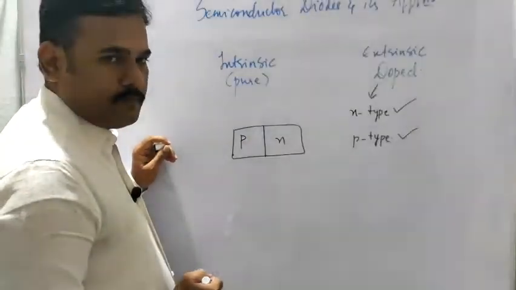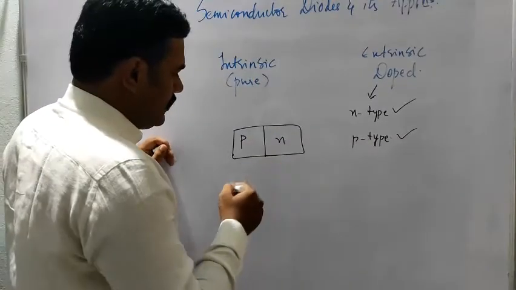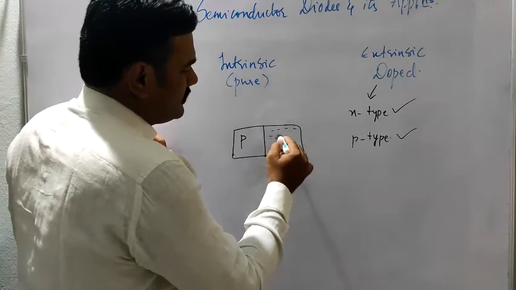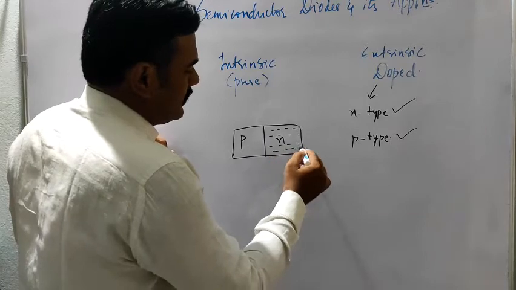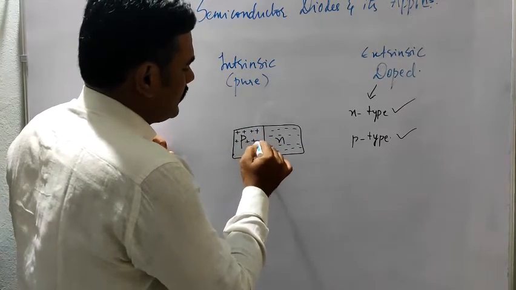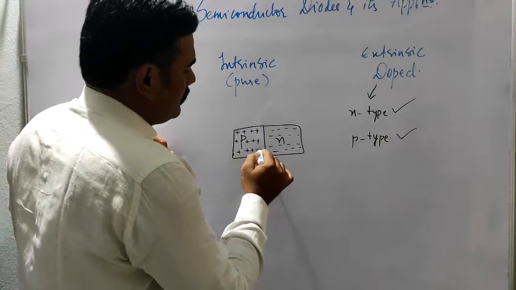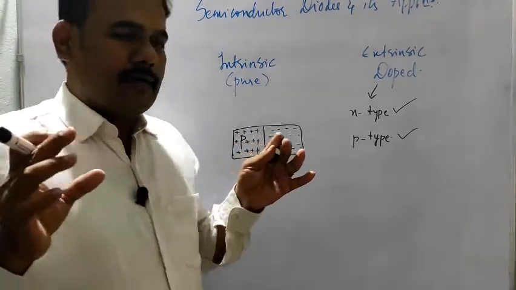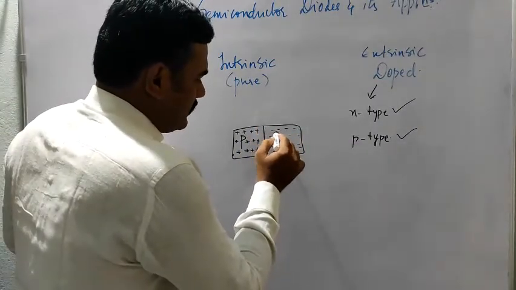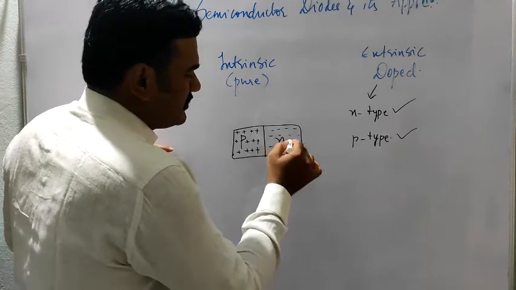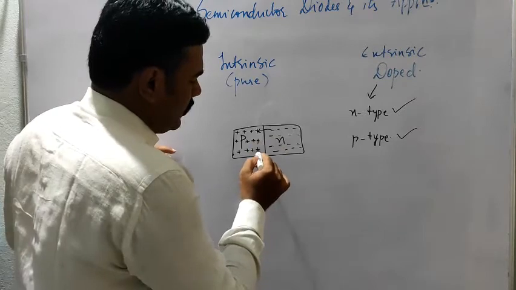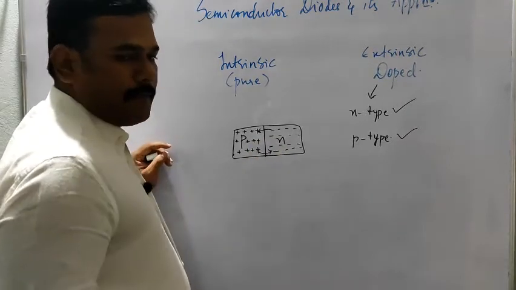We all know that in case of N type material, electrons are the majority carriers, and in case of P type material, holes are the majority carriers. So once we combine this P and N type, electrons from the majority concentration area move towards P type, and holes will move towards N type.